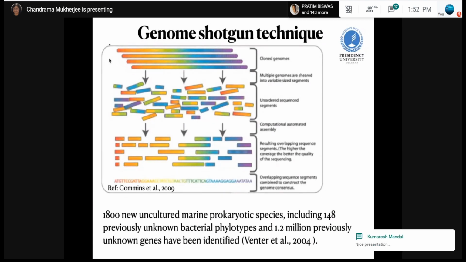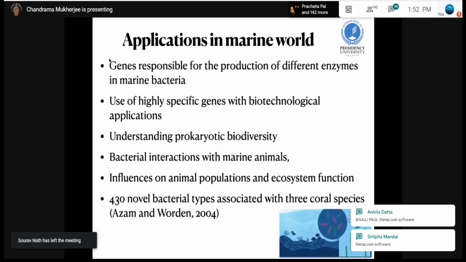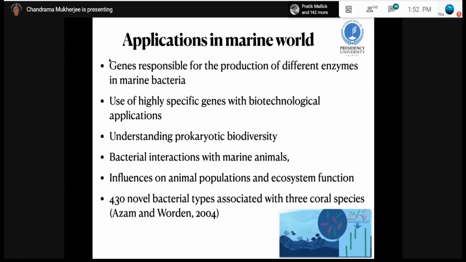So this project demonstrated that shotgun sequencing provides a wealth of phylogenetic markers that can be used to assess the phylogenetic diversity of a sample with more power than conventional PCR-based rRNA studies. Metagenomics, or the culture-independent genomic analysis of an assemblage of microorganisms, has the potential to answer fundamental questions in microbial ecology.